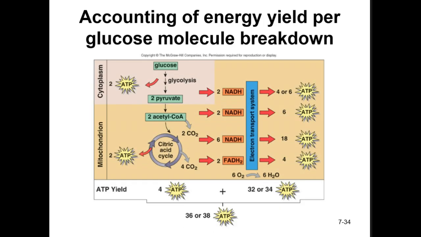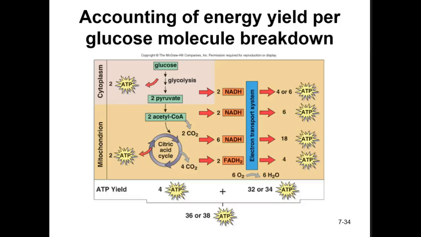This slide shows another view of the ATP generated during this process and where it is generated. Notice during glycolysis we generate 2 ATP. During the citric acid Krebs cycle we generate 2 ATP. We also use ATP during these two processes, so our net yield of ATP is only 4.